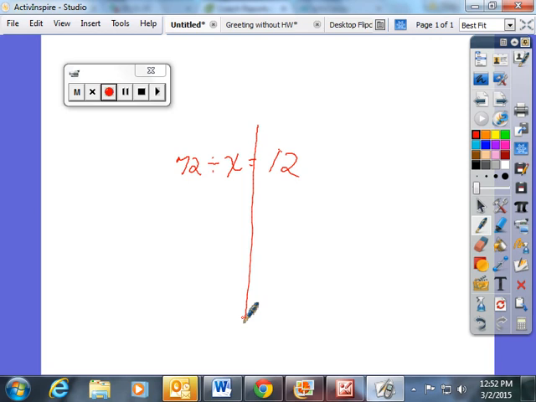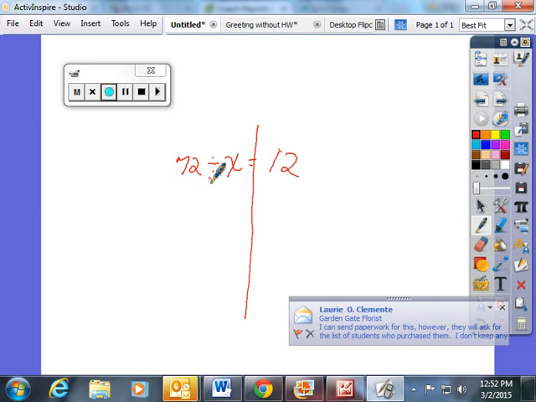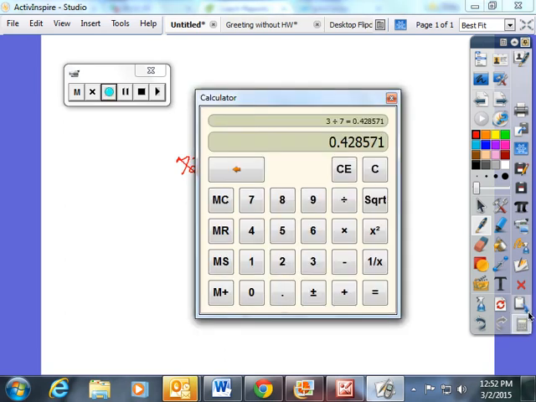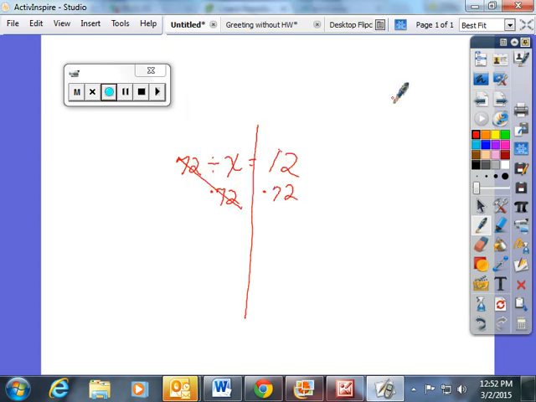To undo division, most students will be like, okay, I'm going to multiply. So I'm going to do times x here. These would cancel, and I would do times x here. So when I did 12 times 72, I would get 864.